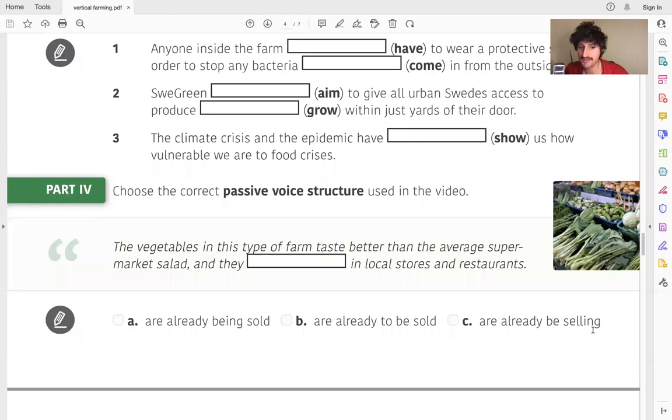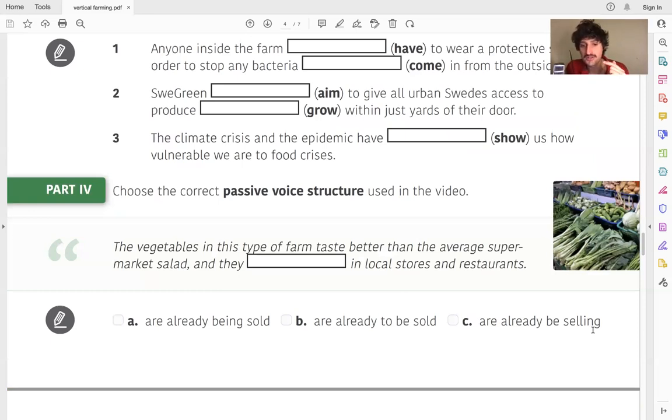They are already being sold. Okay, that's the passive, because the produce, they don't sell, they don't do the action. They are sold, but you want to put the already, which is, of course, we talked about it last week, an adverb, already, and it is being because it's happening right now.